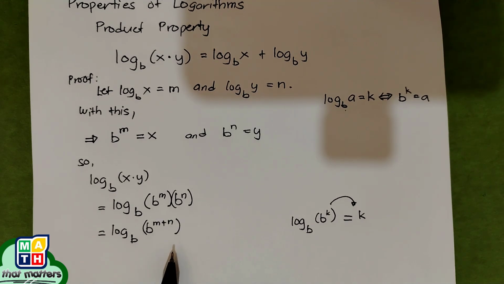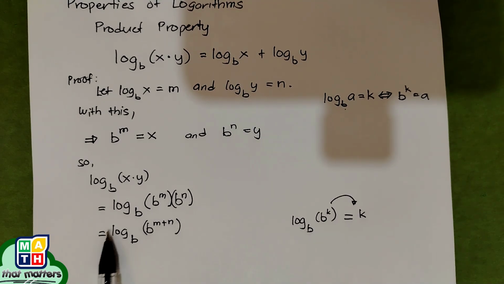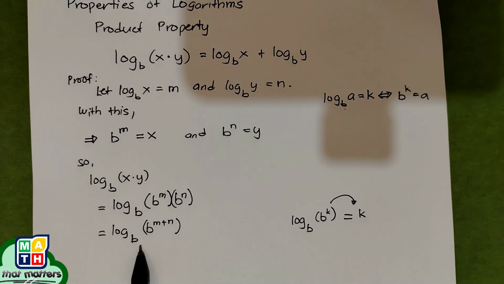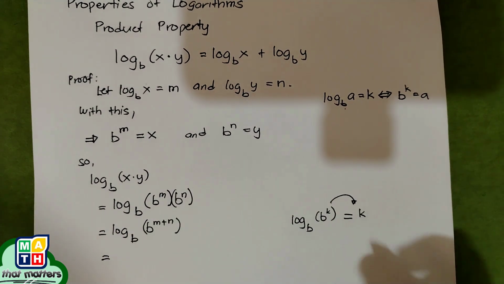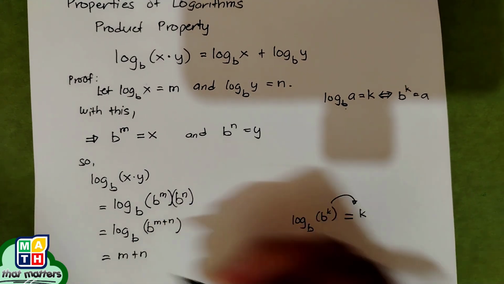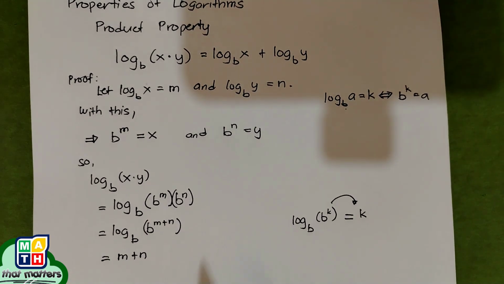And what we can tell here is that it follows the same structure: the logarithm of b to the power of m plus n, to the same base b, is just further equivalent to the exponent, m plus n. This is again by the inverse property of logarithm.